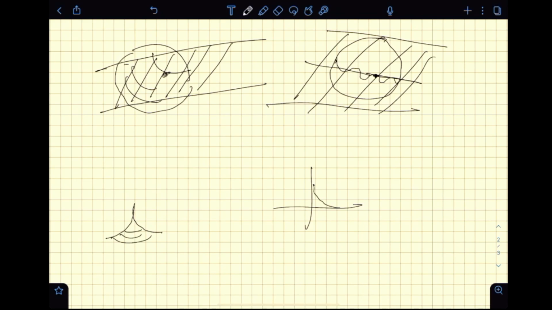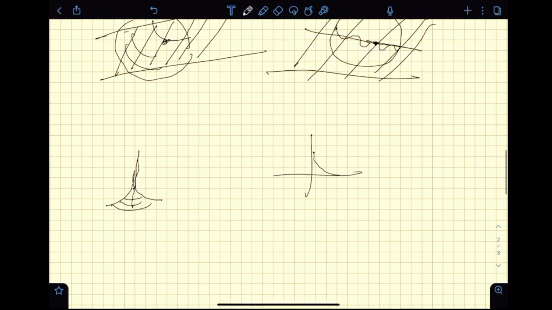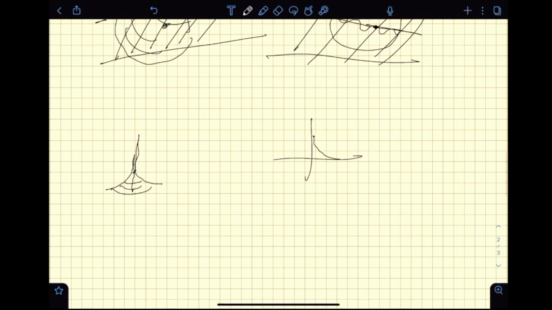So this point has a tangent which looks like this. But note that the surface is two-dimensional, but the tangent is one-dimensional. And there is no two-dimensional tangent at that point. So one doesn't exist and one exists. So things could be tricky. Okay? So that will depend on the equation and so on.